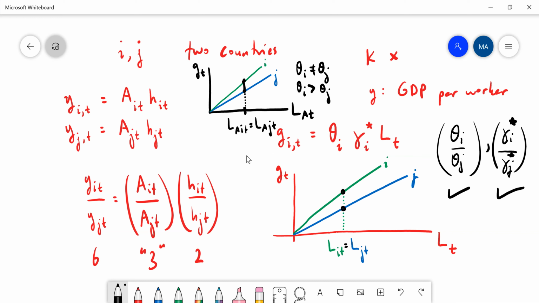Because US has better universities and better research labs. Okay, so even the simplest model gives us something about understanding differences in growth rates and differences in GDP levels.